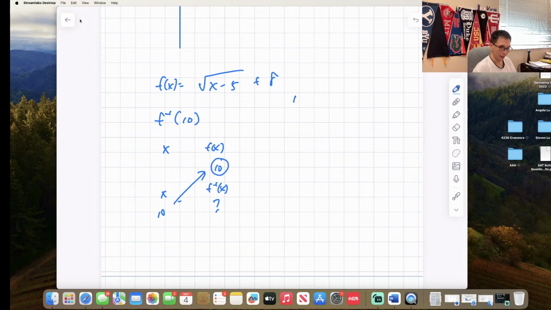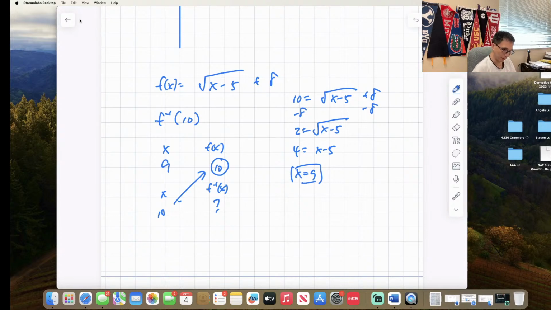So we're going to plug in 10 for the y value: f of x equals the square root of x minus 5 plus 8. 10 minus 8 on both sides, 2 equals the square root of x minus 5. Square both sides, 4 equals x minus 5, x is equal to 9. So therefore this is 9. If this is 9, this is also 9 because they switch the coordinates. Okay, is this okay?